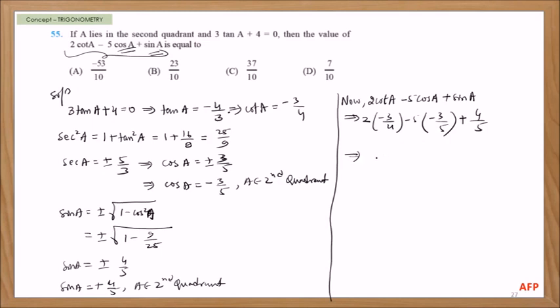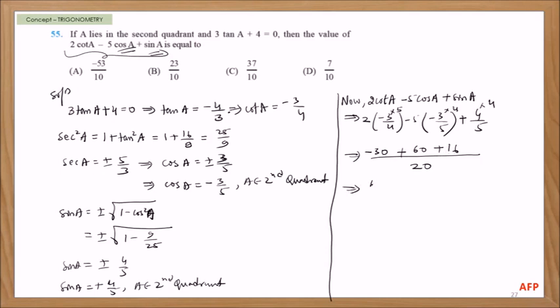Okay, LCM here we are having is 20. Okay, 20 is the LCM, so you have to multiply it by 15, minus 30 we got. You have to multiply 4, 12 you got 60, plus here you have to multiply 4, 16 you got.